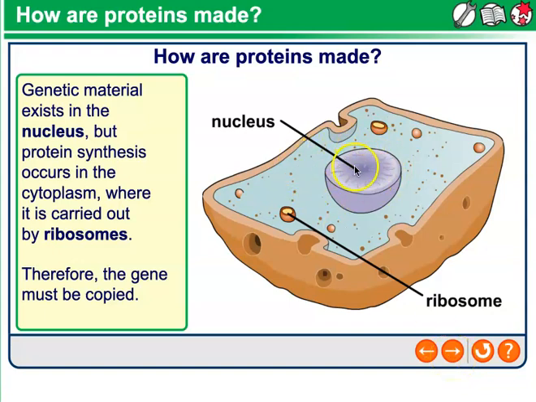Genes are in the nucleus, but protein synthesis occurs here at the ribosome. These genes and the DNA that exists here cannot leave the nucleus, and so an mRNA strand is made that is small enough to leave the nucleus and be taken up by the ribosome.